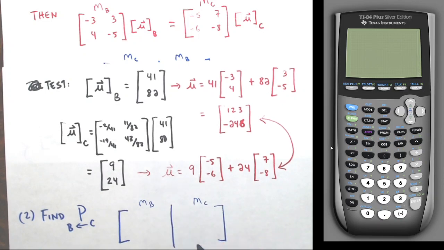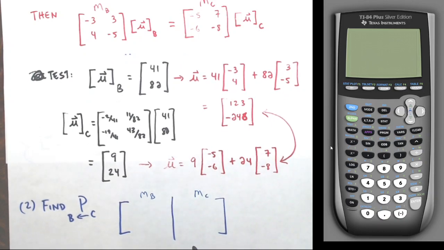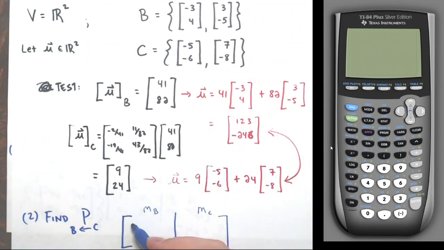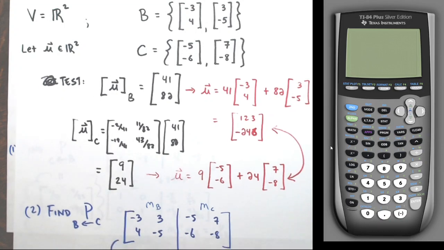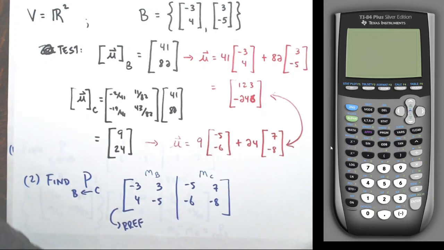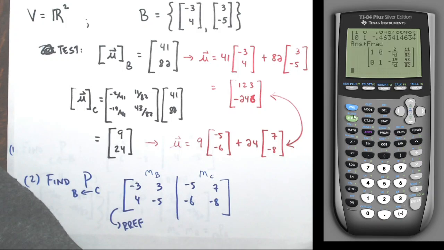This might not turn out so great, but that's -3, 4, 3, -5, and -5, -6, 7, -8. I'm just going to look at the reduced echelon form here. So back in the calculator, I'll make another 2 by 4 matrix.